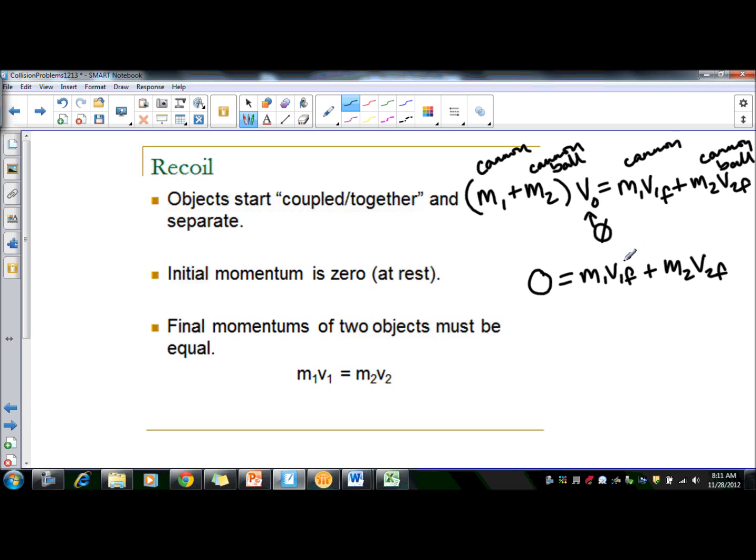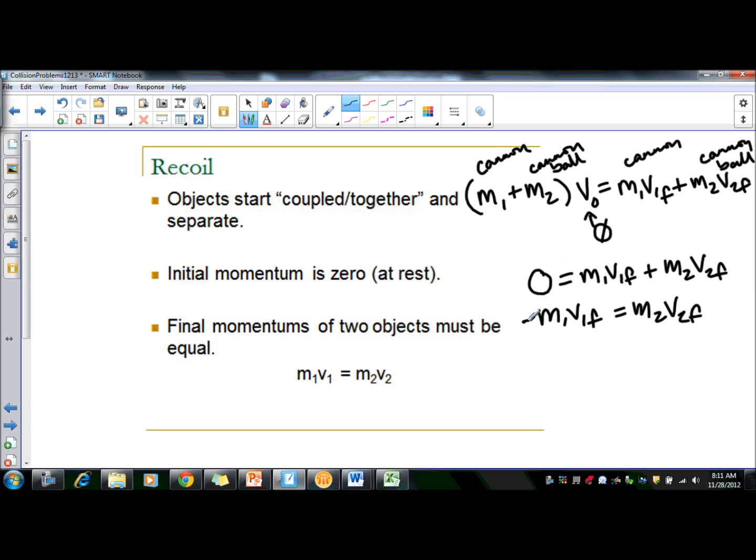So does that sound familiar? Newton's third law. This is where those forces involved come to play also with this idea of conservation of momentum. Everything is related. So if we were to subtract this over, then this is what we would get, that the negative of one momentum has to equal the other momentum.